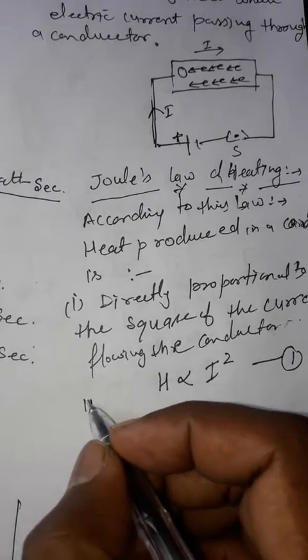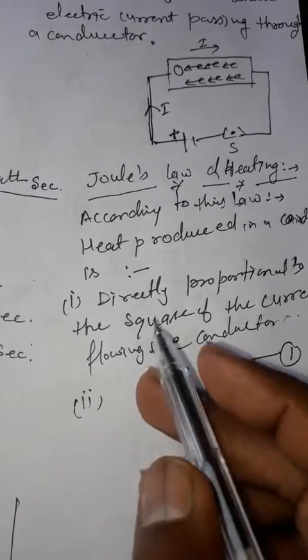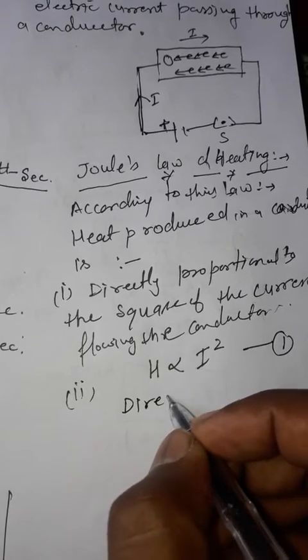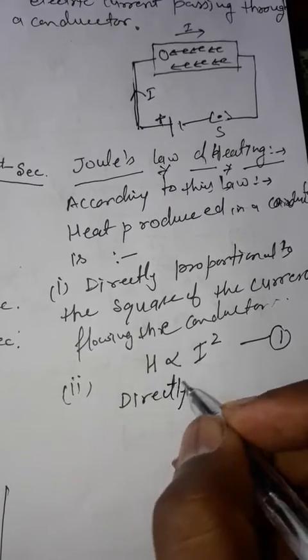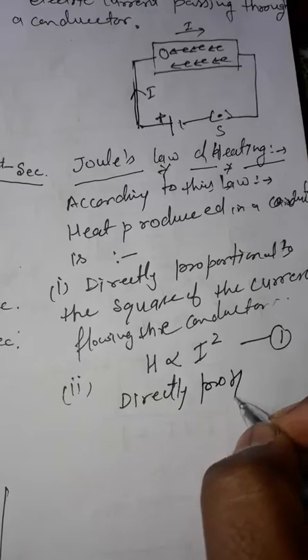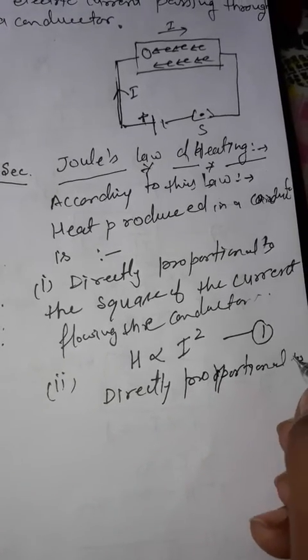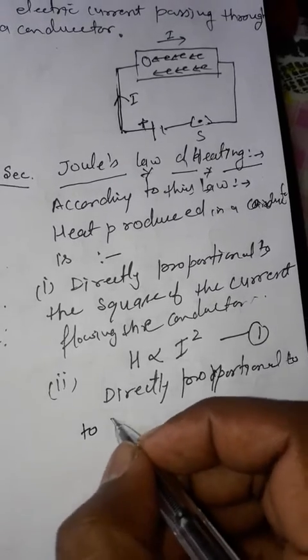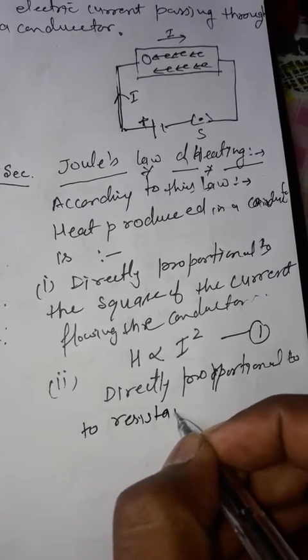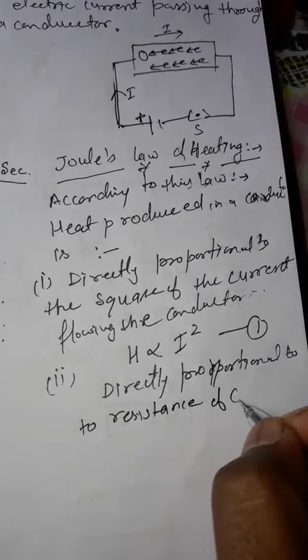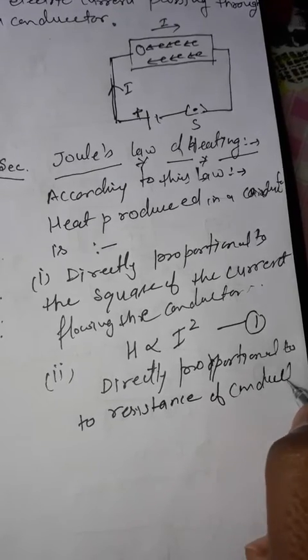Now the second one: the heat produced is directly proportional to the resistance of the conductor or device.